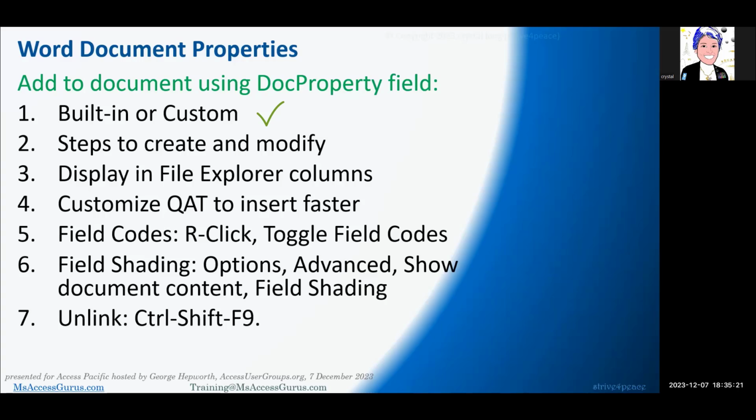And I do have a video on customizing it for those of you that don't do that, although with this audience, I think you do. I'll be talking about field codes, field shading, and unlinking. Maybe I will demonstrate that. Unlinking is when you want to actually distribute something and you want to turn all that variable information into just point in time values. You want to just unlink.